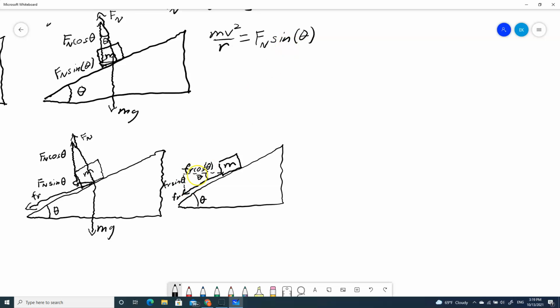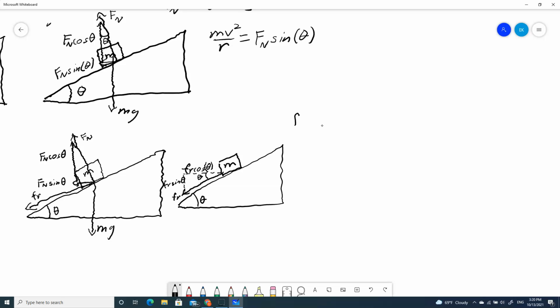So this frictional force, that's where it comes in. The F_r cosine theta, this horizontal force, will help the F_n sine theta to generate a force of mv squared over r that will prevent the object from sliding outward. And in this case, we're talking about horizontally, so if it's sliding outward, you would imagine the object is relatively also moving horizontally. So, this is the formula that results.